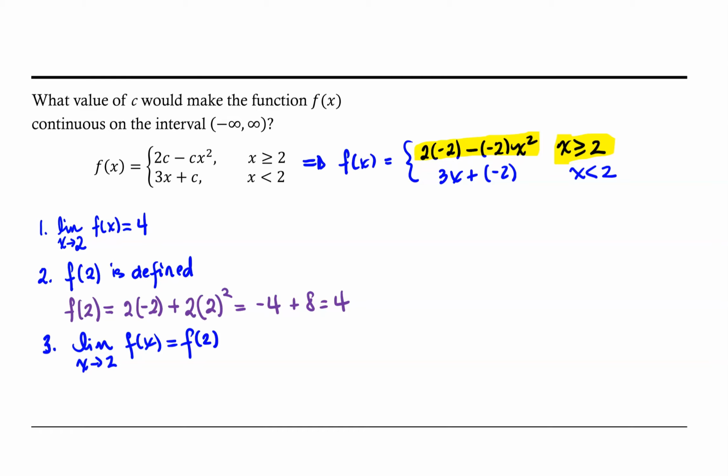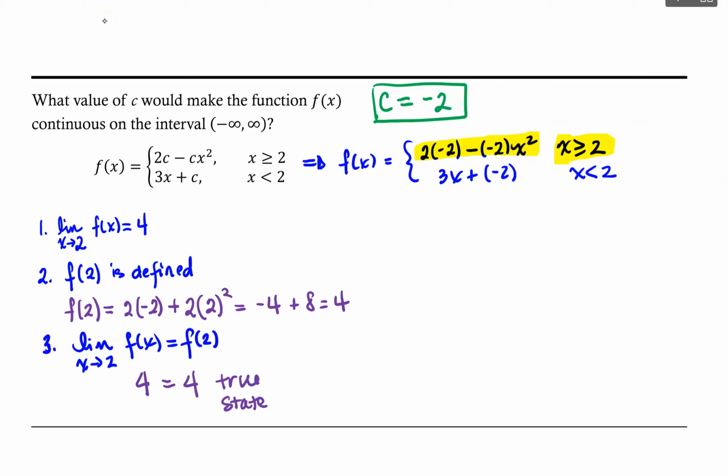Well, we saw in the first criteria that the limit as x approaches 2 of f of x is equal to 4, provided that we chose c to equal -2. Okay, so the left-hand part of this equality is 4. And then in part 2, we saw that based on that choice of c equals -2, f of 2 would also equal 4, which is a true statement.